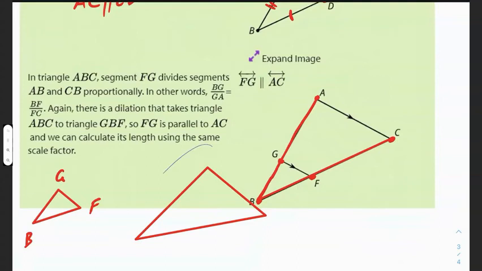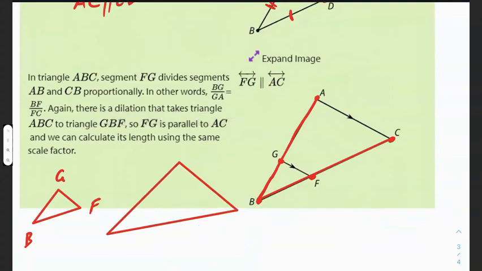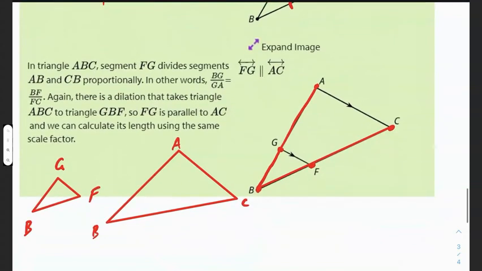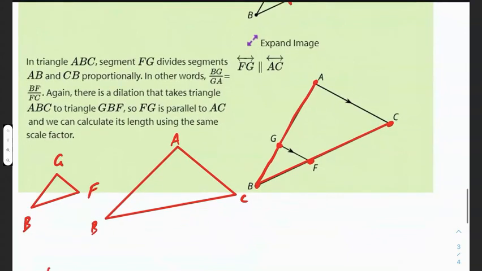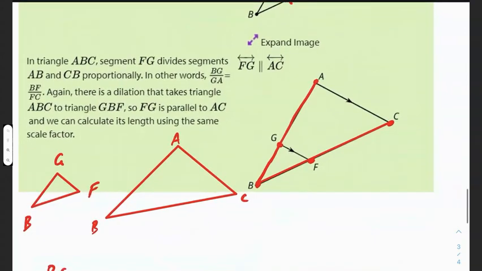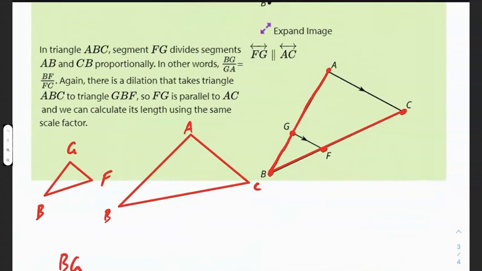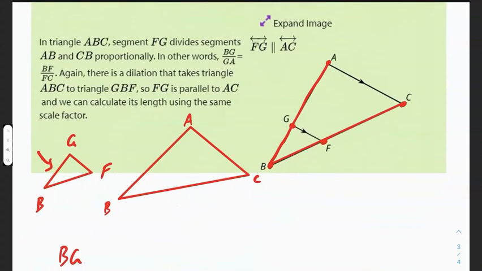Let me move it over a little bit. There we go. Triangle ABC. And they're basically saying that BG, which is this side right here, is going to be proportional to GA.